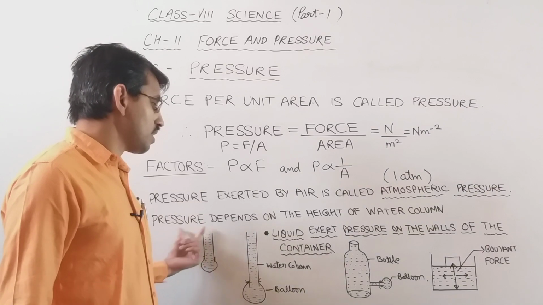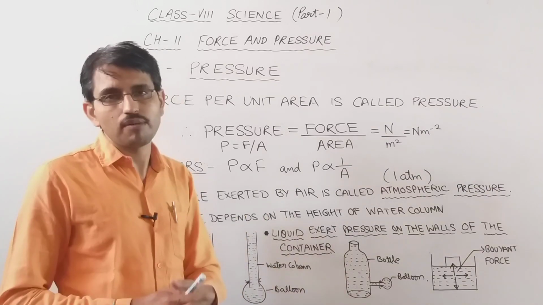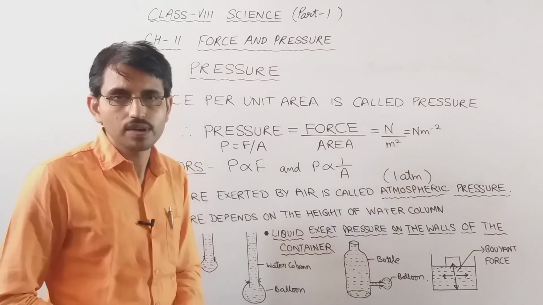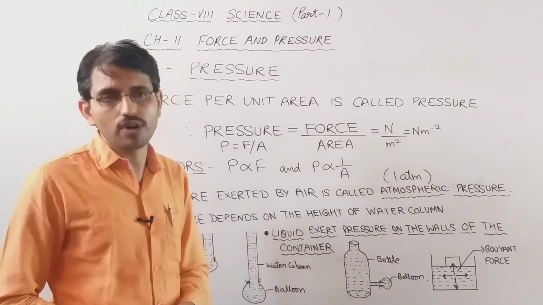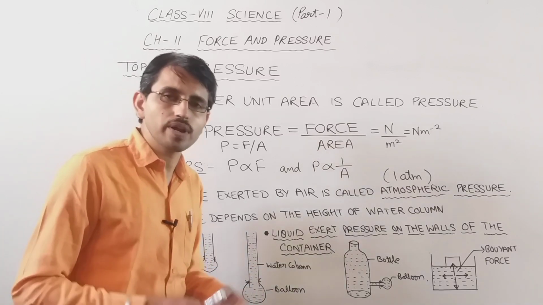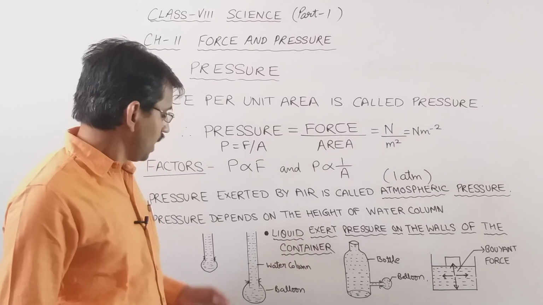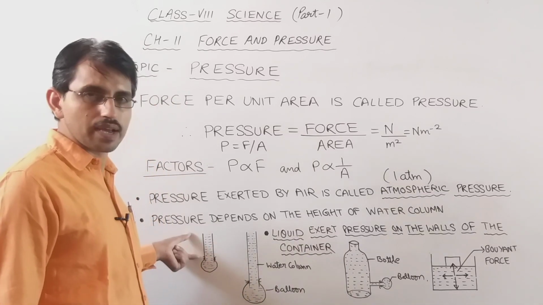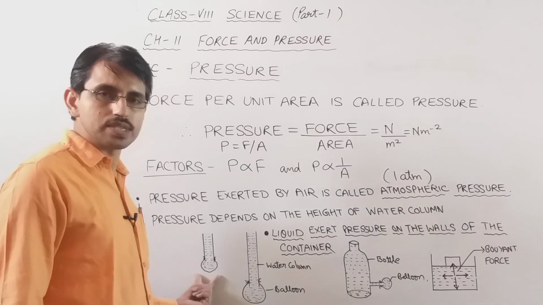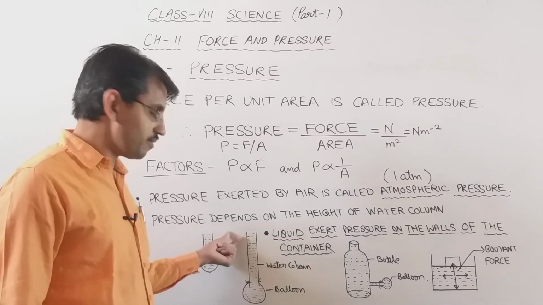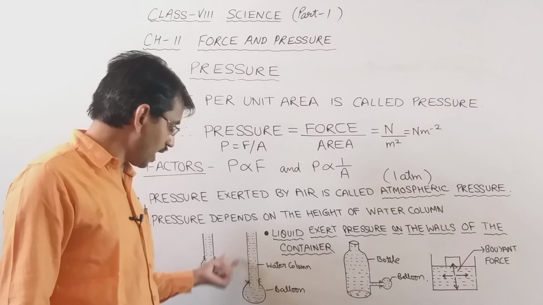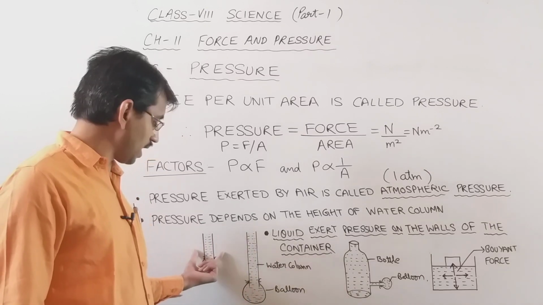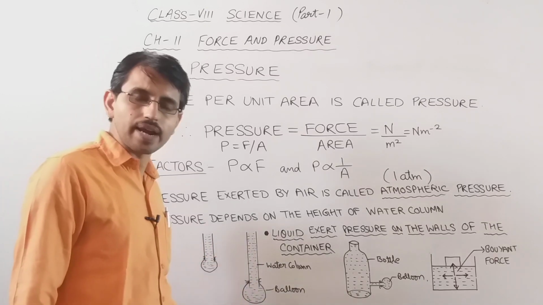Now pressure depends on the height of the water column, because fluids also exert pressure. To understand this, you can perform one activity. I have shown here two diagrams. This is a water column taken in a long tube and a balloon is tied at its end. Similarly, we have taken another water column whose height is longer than this one and a balloon is tied at its end.